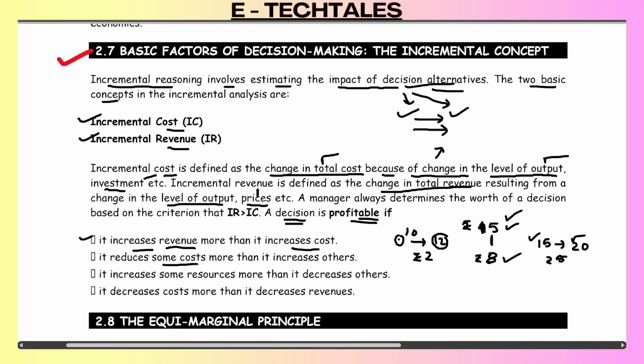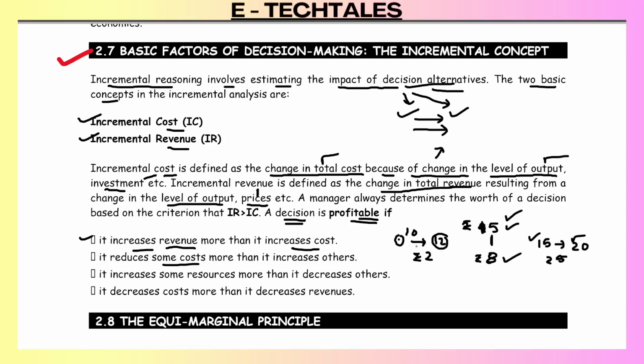When the cost is reduced, you can also get good profit. Suppose the cost was 12 and it went down to 10. So the profit has increased from 8 to 10. Another way is to increase some resources more than decreasing others.